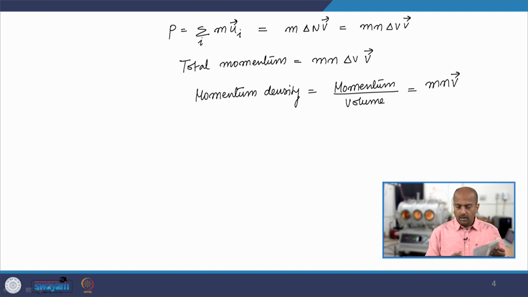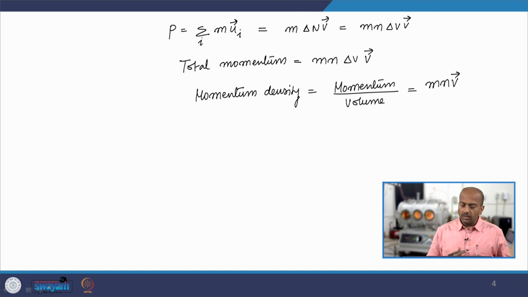Right. So, now we have force density and momentum density. So, both of these can be used while using the plasma, while using the fluid equations.